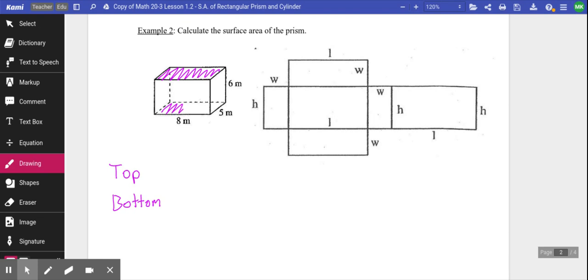So I can calculate that one too. You can see those are identical. To do the top or the bottom, I'm doing length times width. My length is 8, my width is 5. So if I do 8 times 5, I get 40 meters squared. The bottom, since it's the exact same, would also be 40 meters squared.